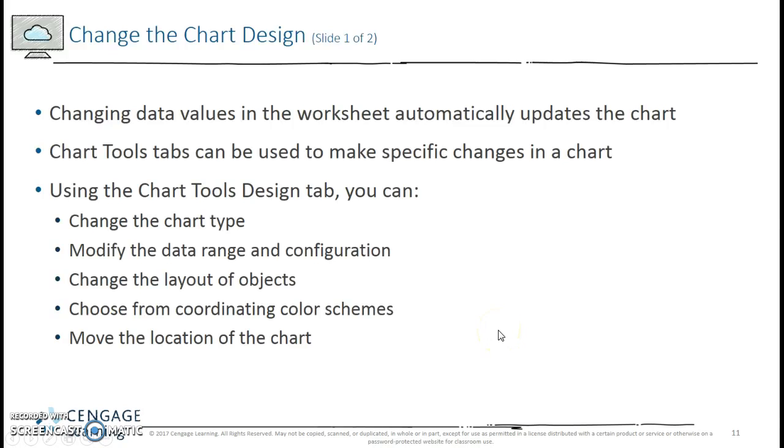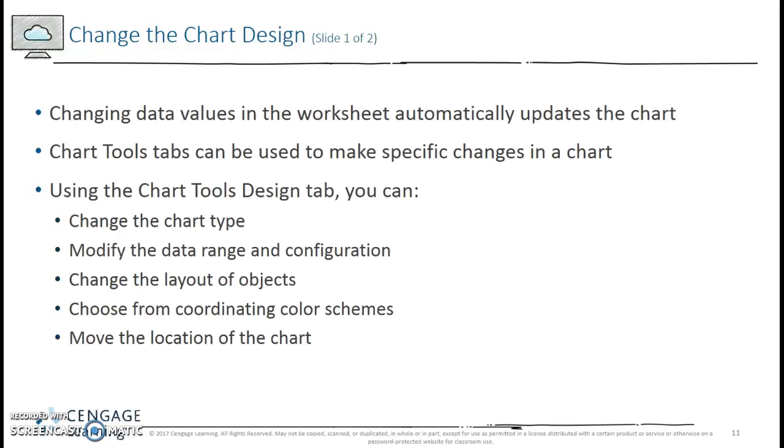Changing a chart design. You can do that relatively quickly. If you change the data values in a worksheet, it will automatically update the chart. The Chart Tools tab can be used to make specific changes in a chart, but really what you want to be doing is making the changes in the worksheet itself. If you want to make changes in the chart tool design, you can change the chart type without changing the specific data or the data values.